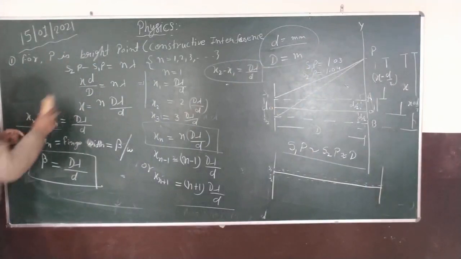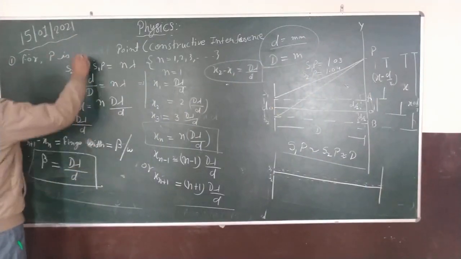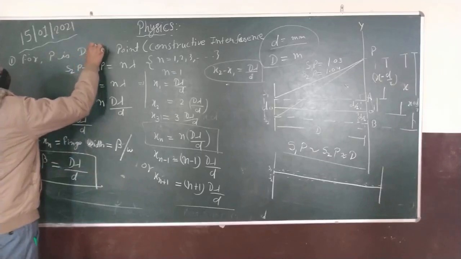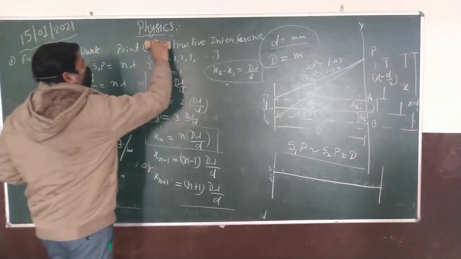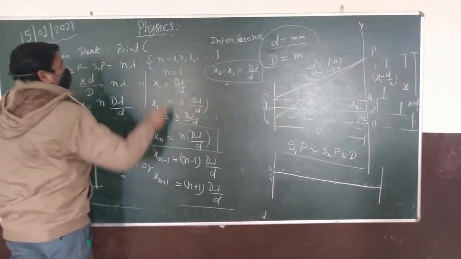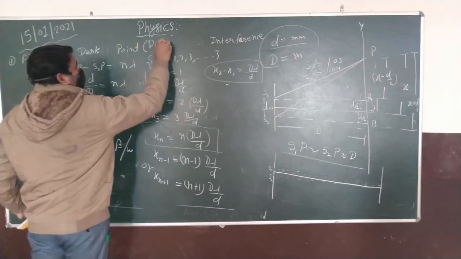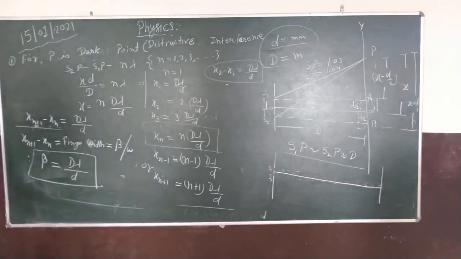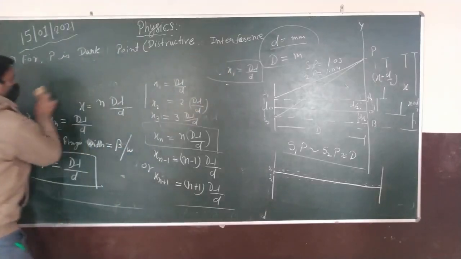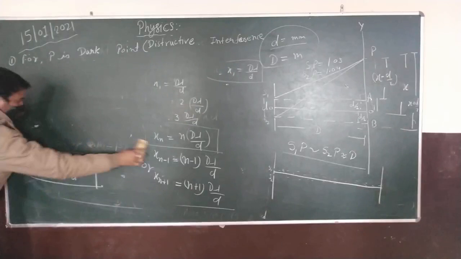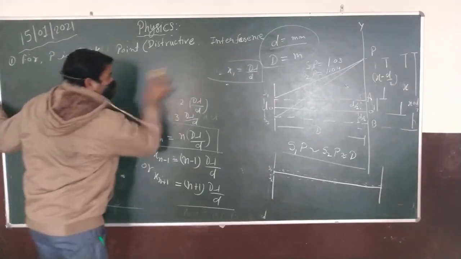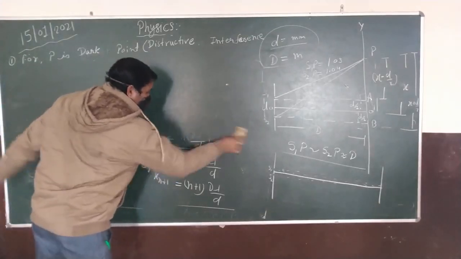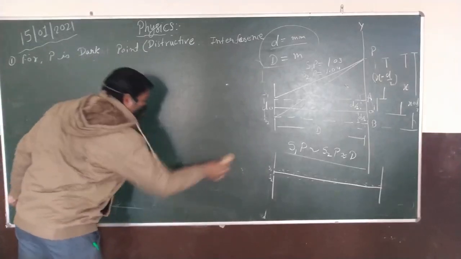Next, for P is a dark point, or destructive interference. Is it clear?